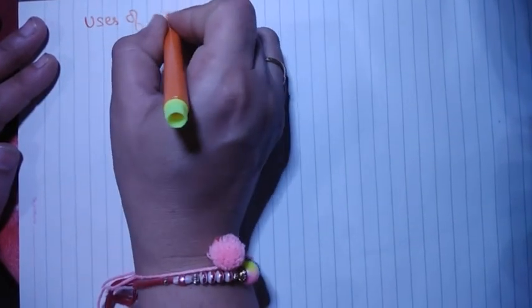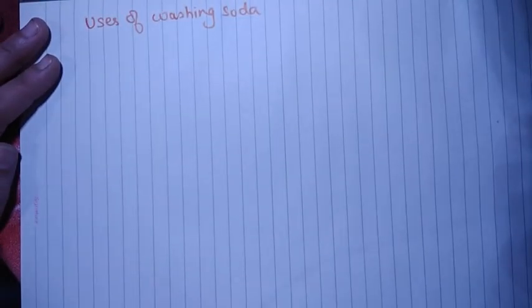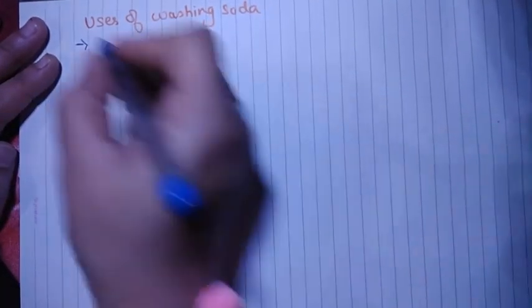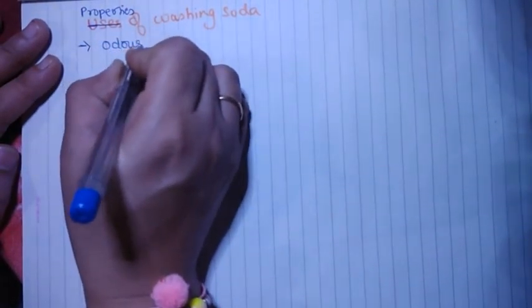Now let's talk about some uses of this washing soda. What will be the uses? First, not uses, first we will learn about properties, then uses. What are the properties of washing soda? It is an odorless compound.